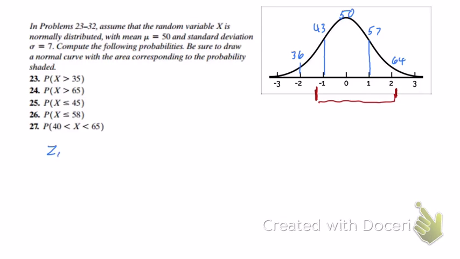So z of 65, we just found 1.14. What's the area for that? The area was this, wasn't it? Isn't that what we just found?